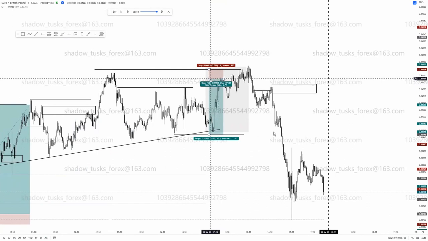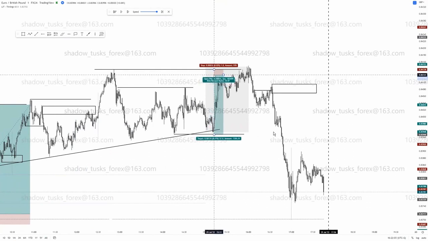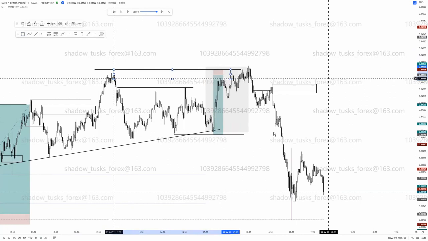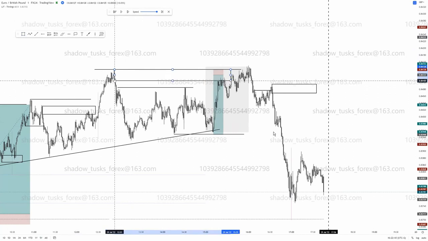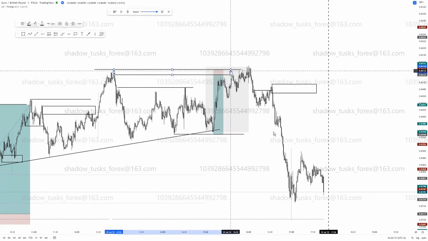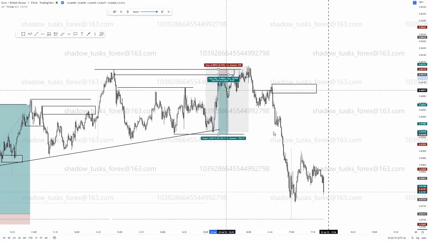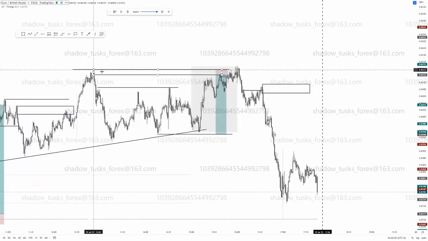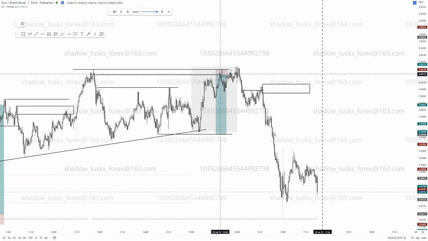I think it's okay. I think if you took this as well, depending on how you refine your zone, maybe you want to get in versus wanting better RR. But either way, I don't know, it depends. Because this trade is quite risky for me, ideal scenario, I wouldn't want it to come back into the zone.